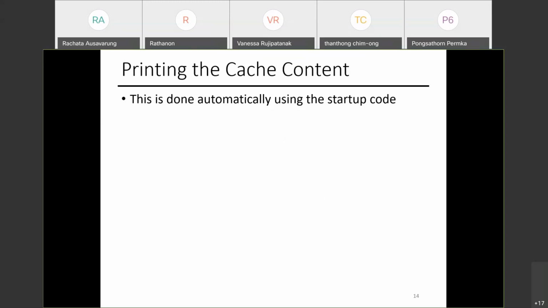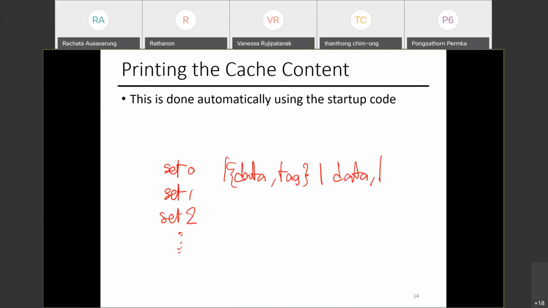Basically, it would print something like this: set 0, set 1, set 2, and so on. And then it would print the data and the tag in curly brackets separated by this vertical line.